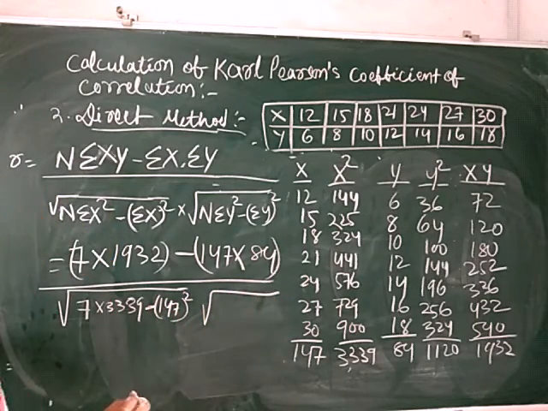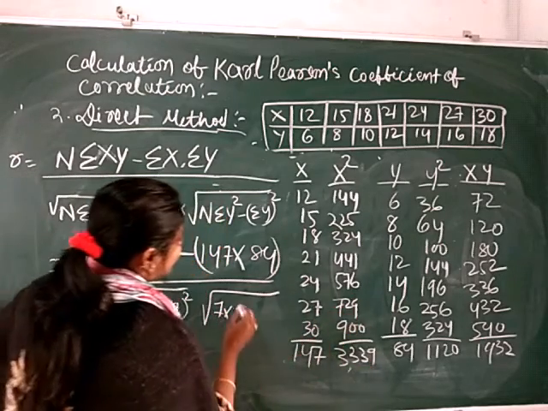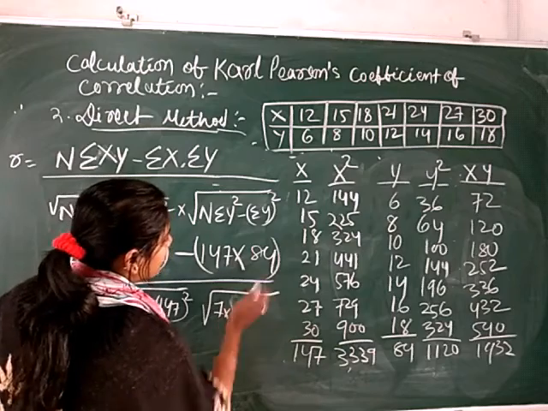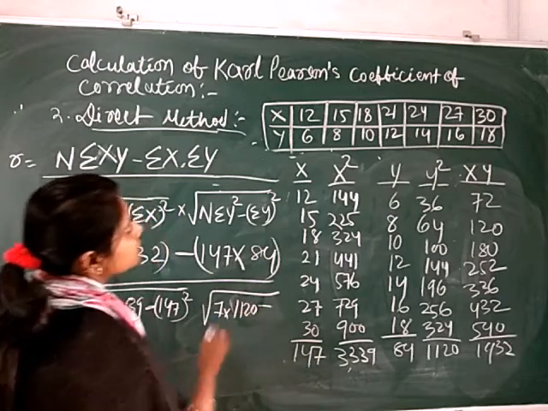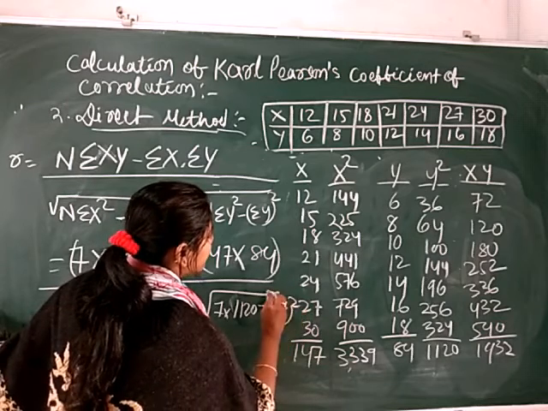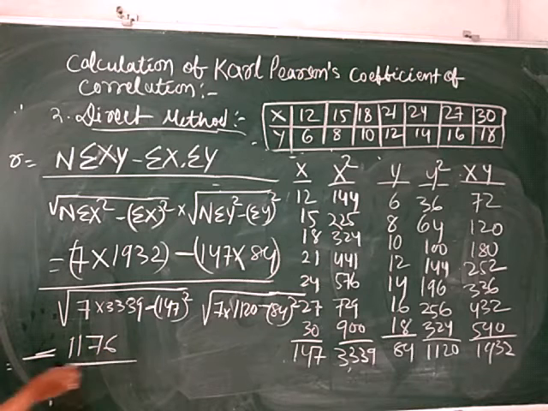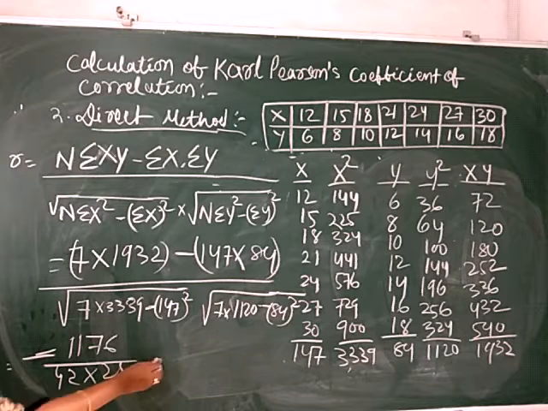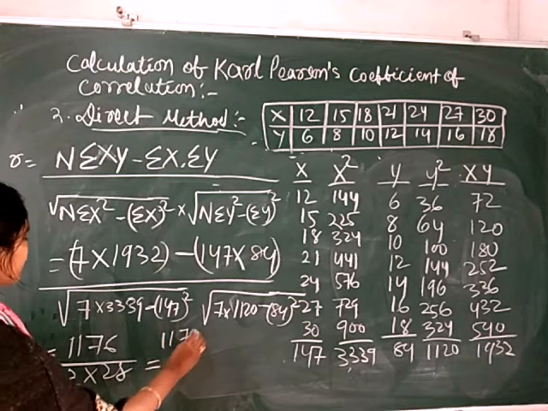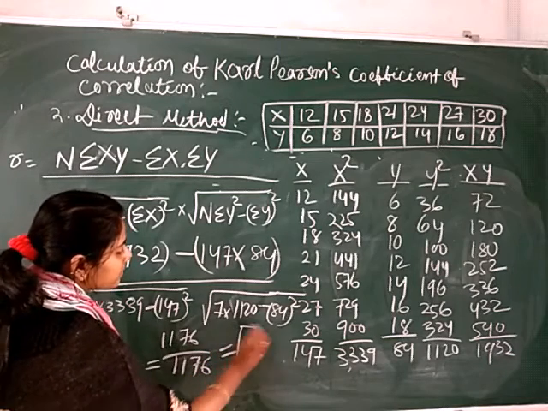Then square root of n into summation of y square, that is 1120, minus whole square of summation of y, that is 84. Now solve this. That will be 1176 divided by 42 into 84, and this will be 1176 divided by 1176, and the answer will be 1.